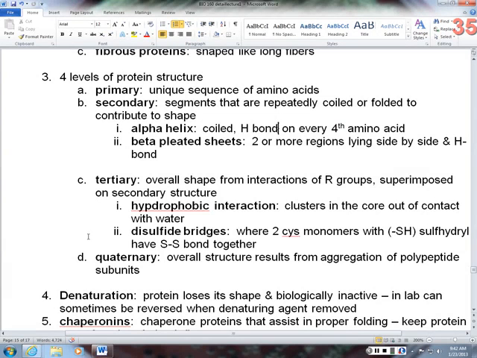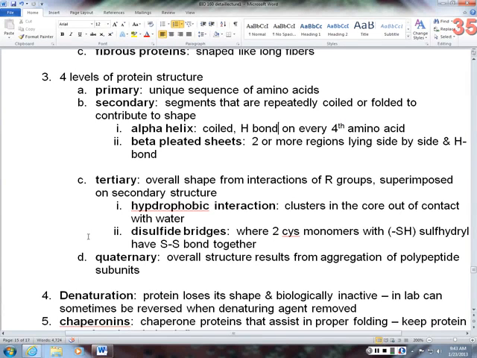Some of the things that you'll create in there, there may be some hydrophobic interactions where you're going to cluster in this little core area that's out of contact with water. Some of them will make these disulfide bridges. So cysteine has these sulfhydryl groups, and when you get those close together, those sulfurs can bond to each other, making the disulfide bridges.